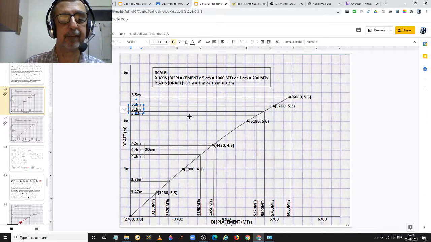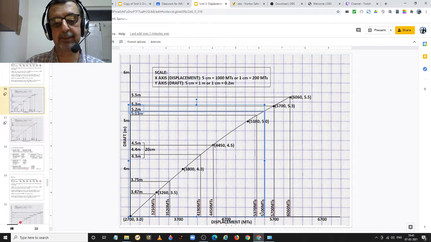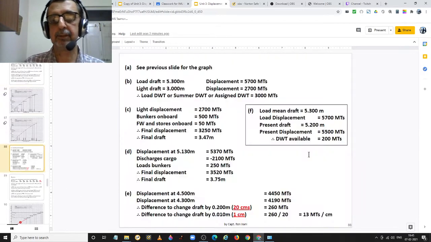Likewise, for 5.2 meter draft, we take a horizontal till it touches the displacement curve, and from there we drop a vertical onto the x-axis and we see that the displacement is 5500 metric tons. This we will use in our calculations.